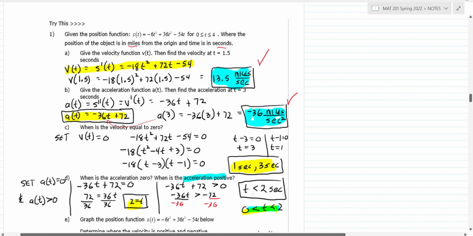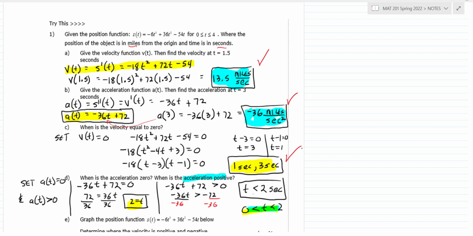Factoring is usually a little less time intensive than the quadratic formula, but you can do either one on this problem. So when I factor this, I end up getting this. Set each factor equal to 0. I get t is 3 seconds, and t equals 1 second. So there are actually 2 times when this graph hits a velocity equal to 0. Those would be peaks and troughs in the graph. You can have a high point and a low point.